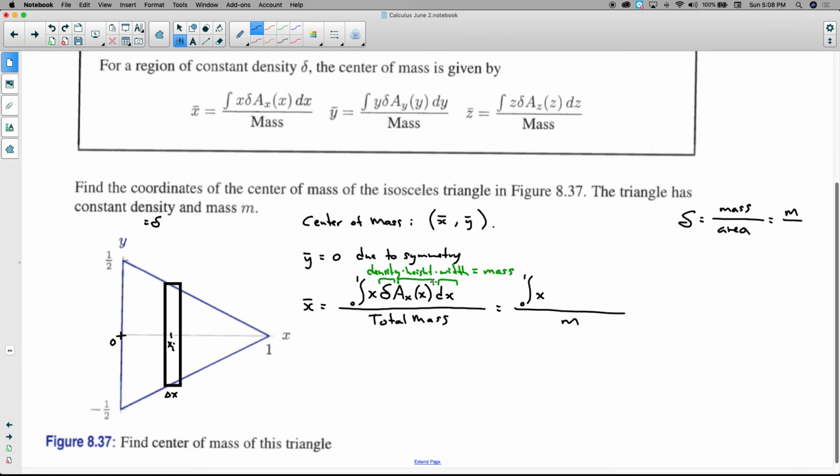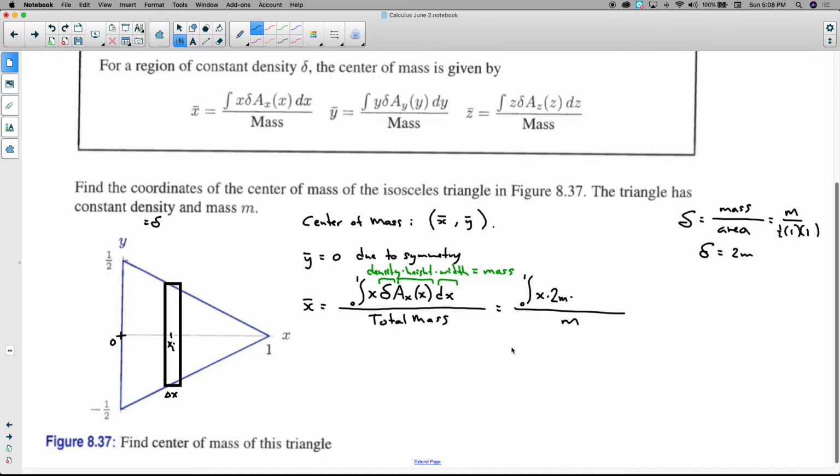It's a triangle, so it's 1/2 base times height. The base, we can go this way as base and this way as height if you wish. But it's 1 and 1. So that makes the density 2m, m divided by 1/2. So I now have density in here.